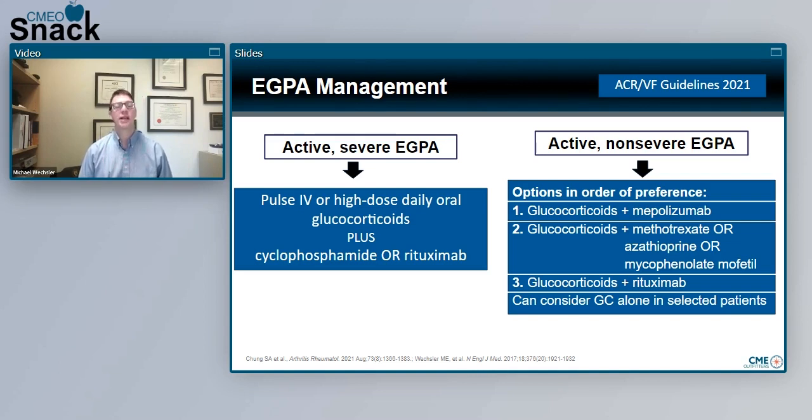Of course, we need some data, we need some evidence to prove that hypothesis, because what you're doing with drugs like cyclophosphamide is ultimately you're just suppressing the bone marrow, and therefore that's the important means to suppress the eosinophils that we believe are causing some of the tissue damage.